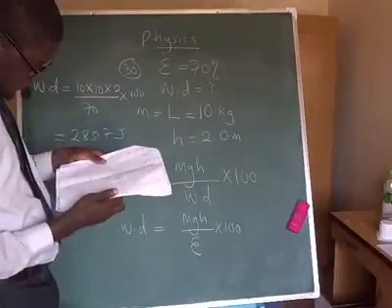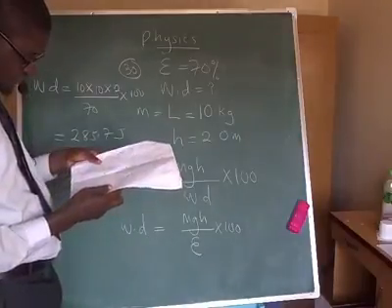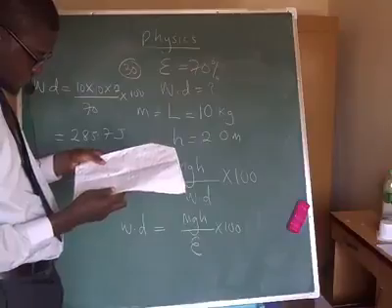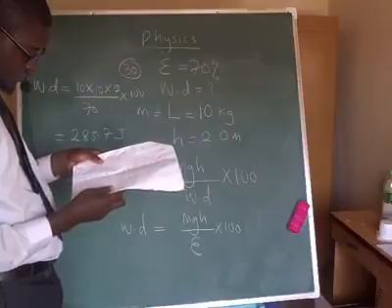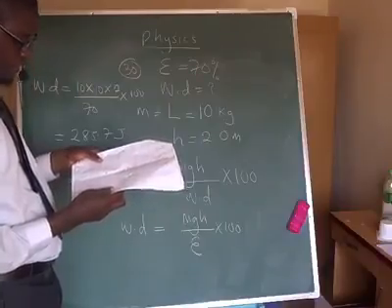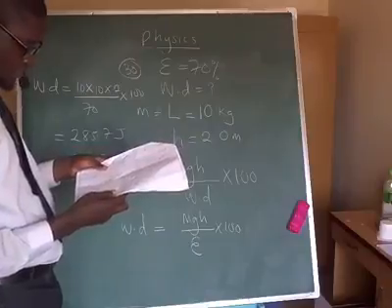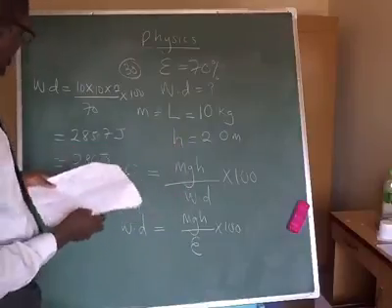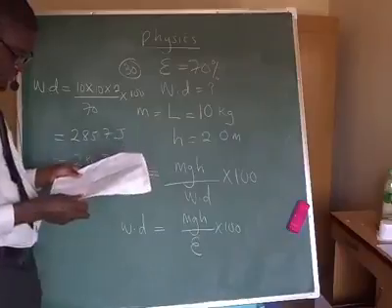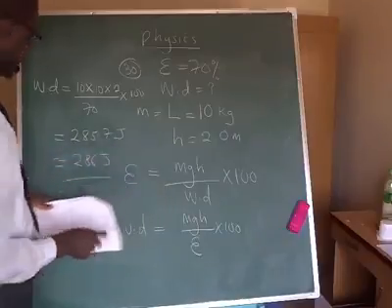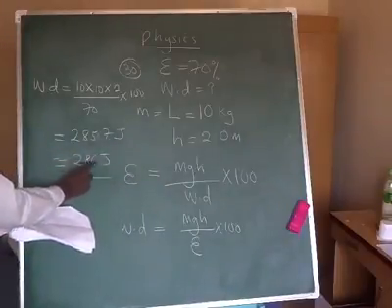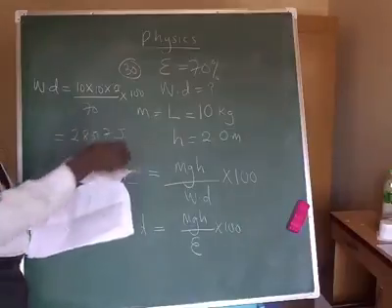So let's look at our options. A is 2000 joules, B 3000 joules, C 1500 joules, and D 1000 joules. So we do not have the right option. There is no right answer to question 30, but the correct answer should be 286 joules.